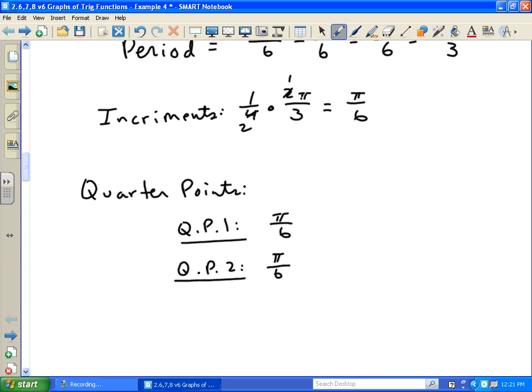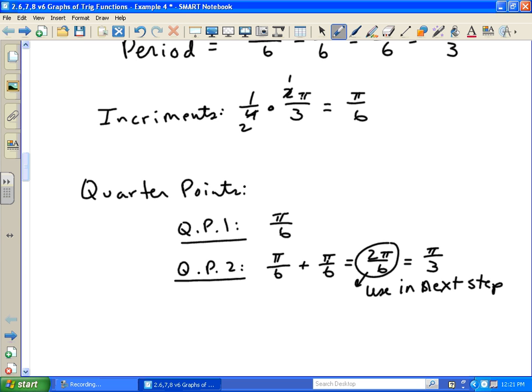So pi over 6 plus pi over 6 is 2 pi over 6, which reduces down to pi over 3. Now, because my increments are in pi over 6's, my quarter point 2 is technically pi over 3 when you reduce it, but it may be helpful to use this in the next step because it already has that common denominator. So that's what I will do there.